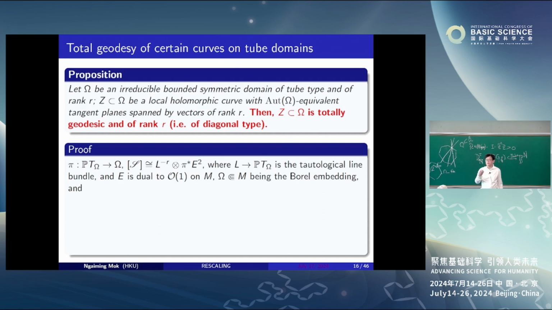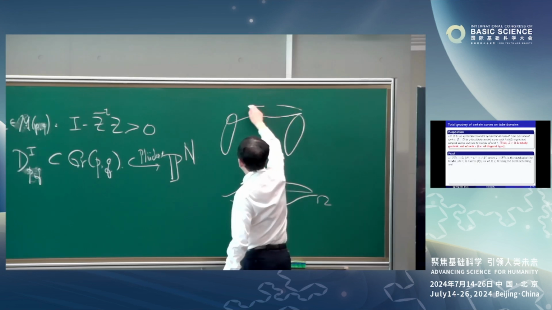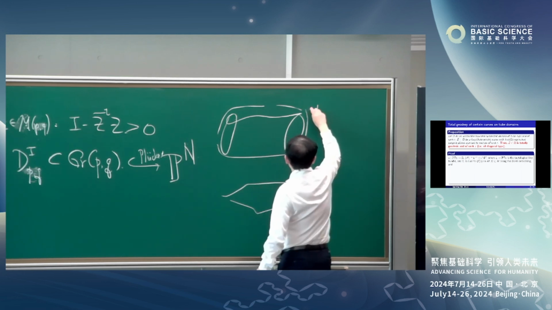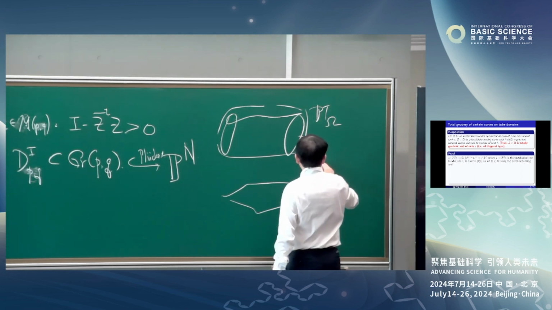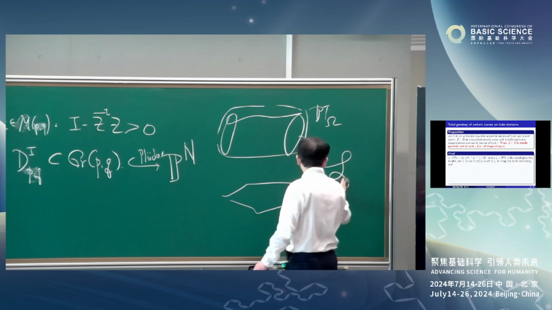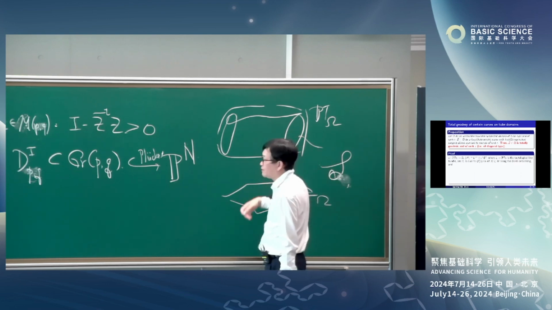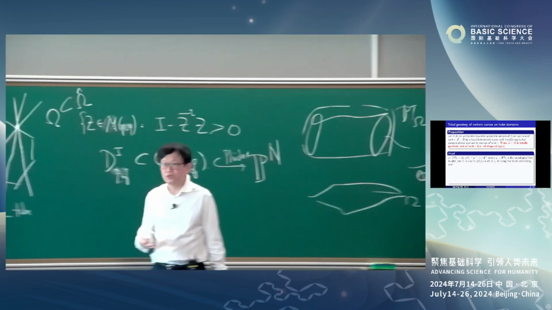So the vanishing of the determinant defines a hypersurface in the projective tangent space. Therefore, suppose I have this domain omega over here, then you can draw a certain hypersurface living inside PT omega. I would call this S. So this S is a hypersurface. It carries a certain homogeneous metric.